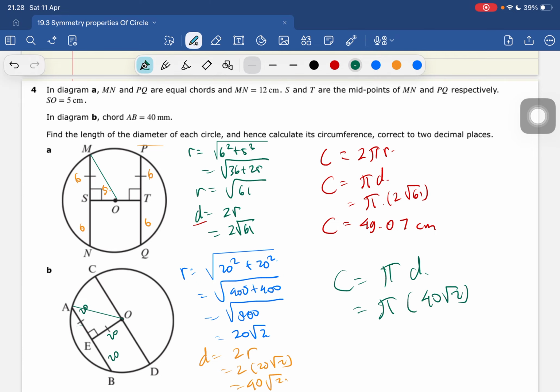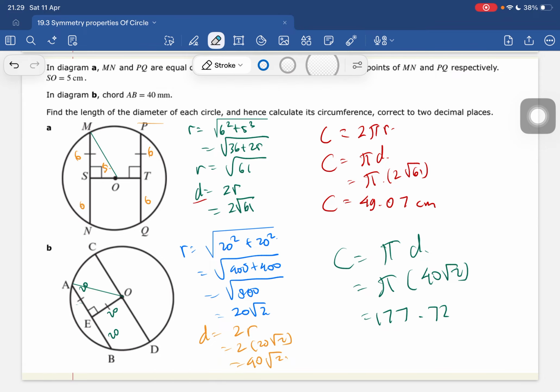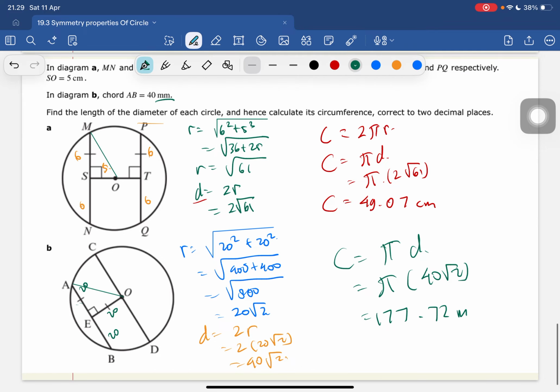So pi multiplied by 40, then multiplied by the square root of 2. So we got the answer of 177.72 centimeters. No, not centimeters, millimeters. Based on the unit, here it is millimeters. Okay, there it is. Thank you.